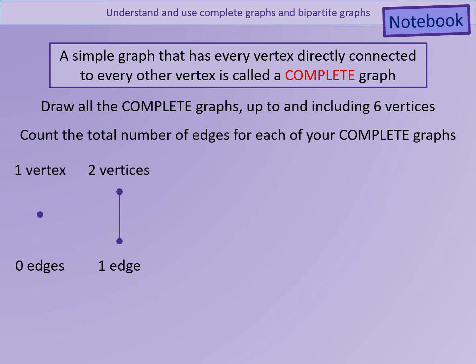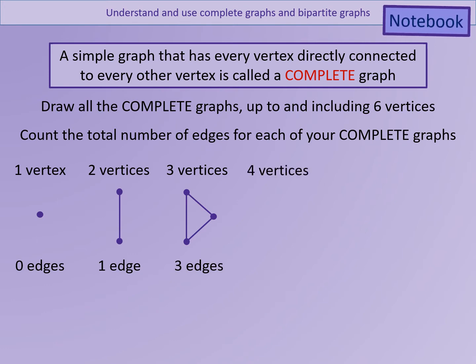So pause the slide now and continue the pattern, joining every vertex to every other vertex, up to and including 6. So the complete graph on 3 vertices is shown below. This needs 3 edges to join the 3 vertices to each other.